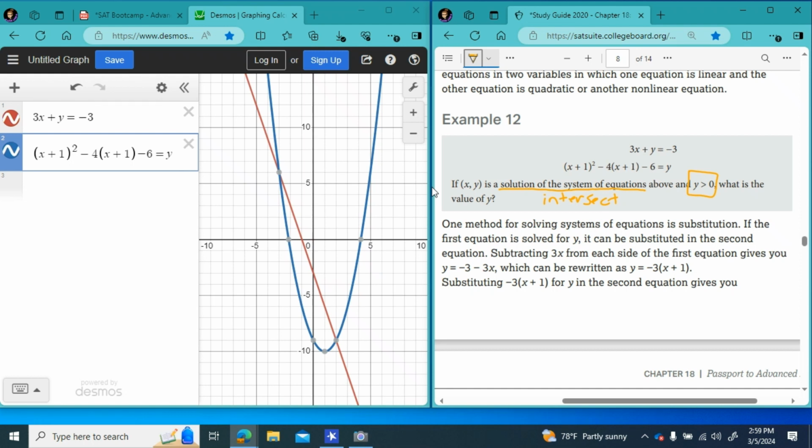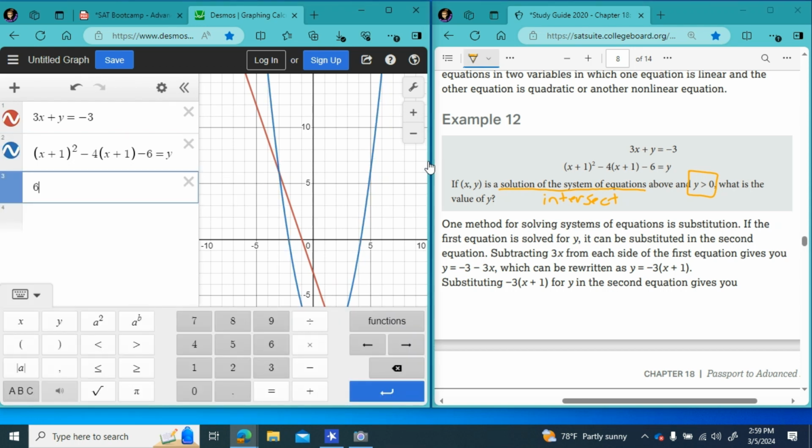They're telling you that y is the back number. So if I put in this y value, it would be negative 9, and that can't be the answer because y must be greater than 0. So we would come here to where your y value is a positive 6, and you would just type that in. That is the answer to that question.